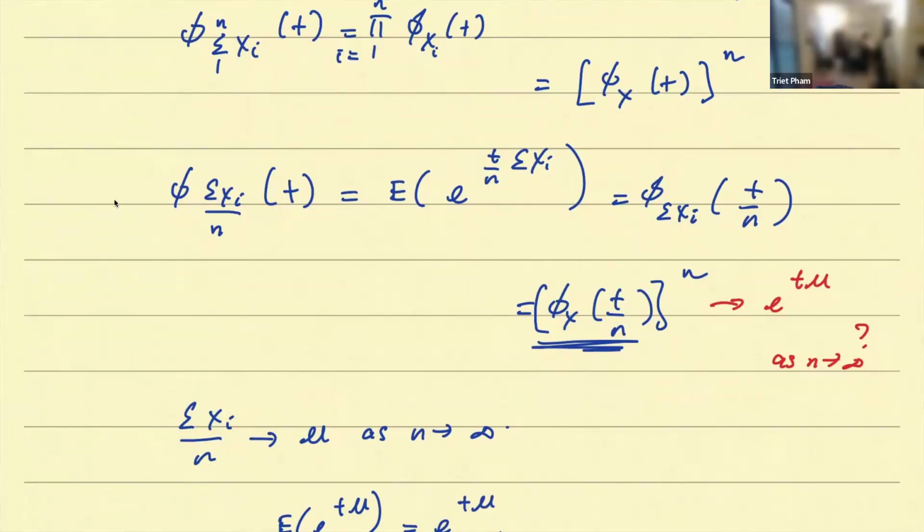Basically, the distribution doesn't matter. Whatever the distribution is, it will converge to its true mean as n goes to infinity. Is that okay? So the task is to show, by the moment generating function technique, that the structure of phi of x doesn't matter. Any question about this?